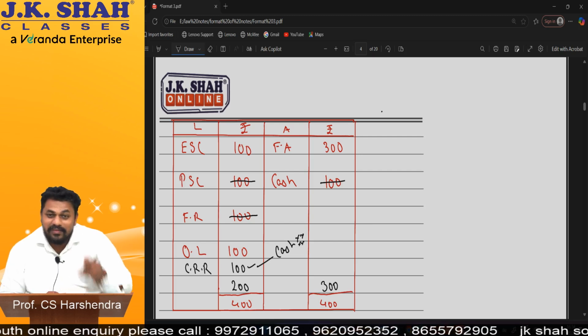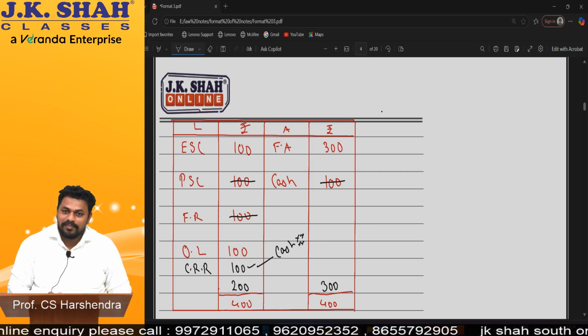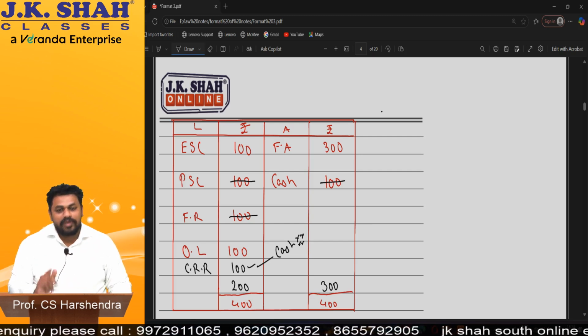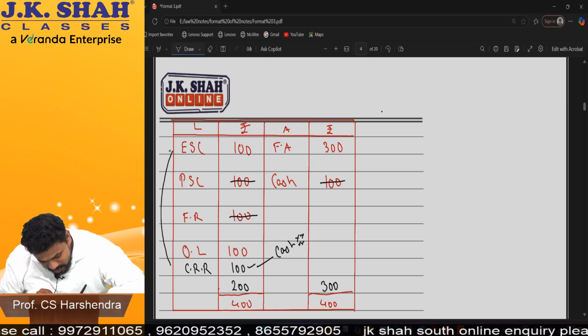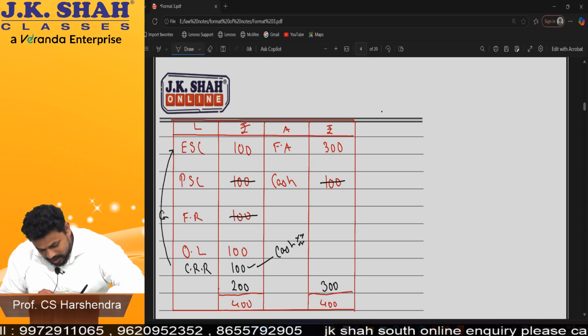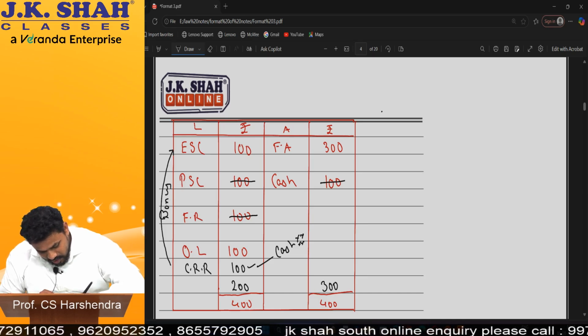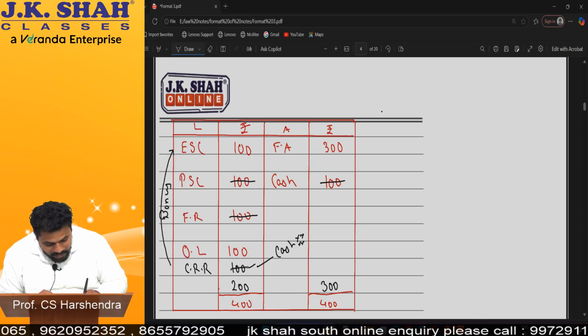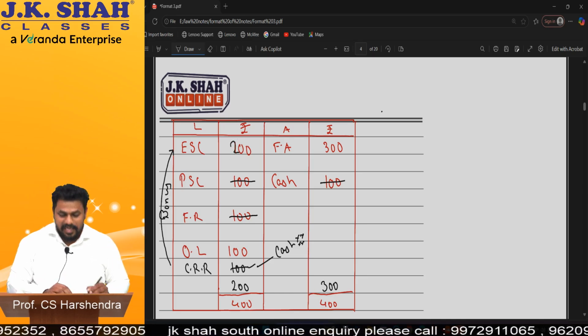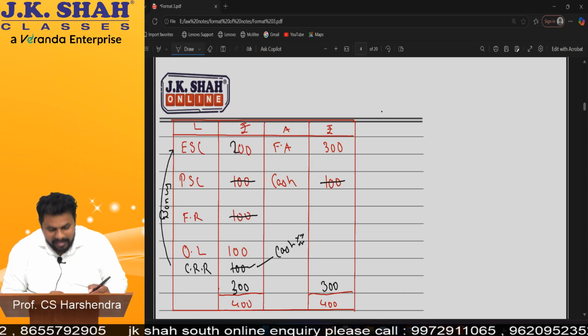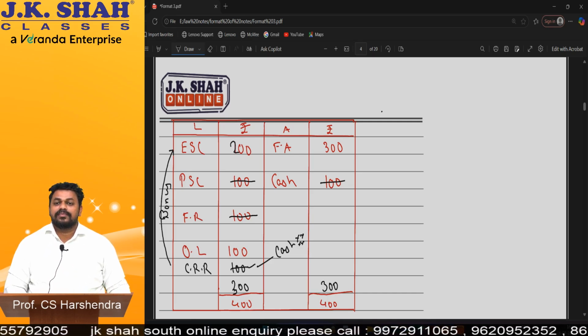Can we pay dividend out of it? No. Can we pay to creditors? No. We can do only one thing: convert this CRR into equity share. That is nothing but bonus. So this 100 rupees will go, and then this equity share capital will become 200. Now the balance sheet will tally at 300. Am I clear with this?